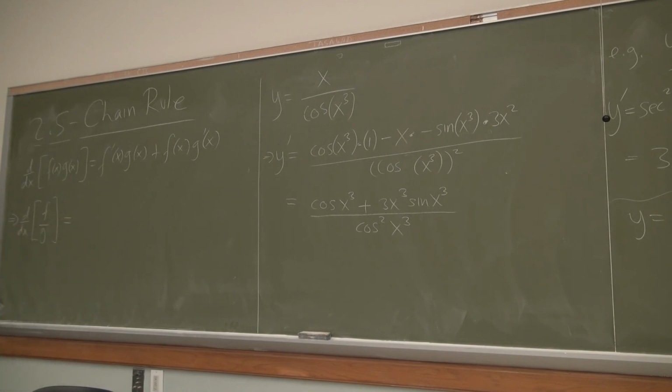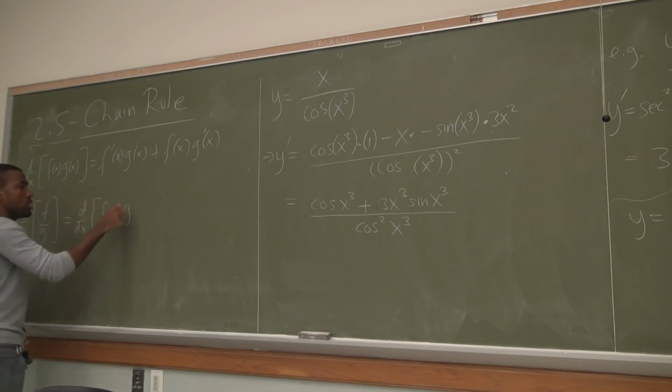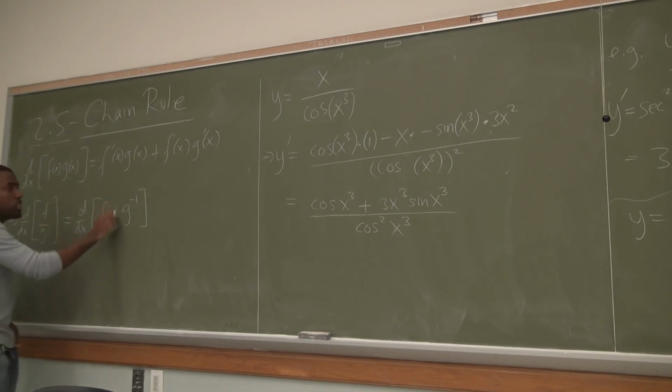Well, if I want to use the product rule, what do I have to do? You just take the g on the top and write it like a product. So this is just f times g to the minus 1. But remember, this g is a function. It's really g of x.